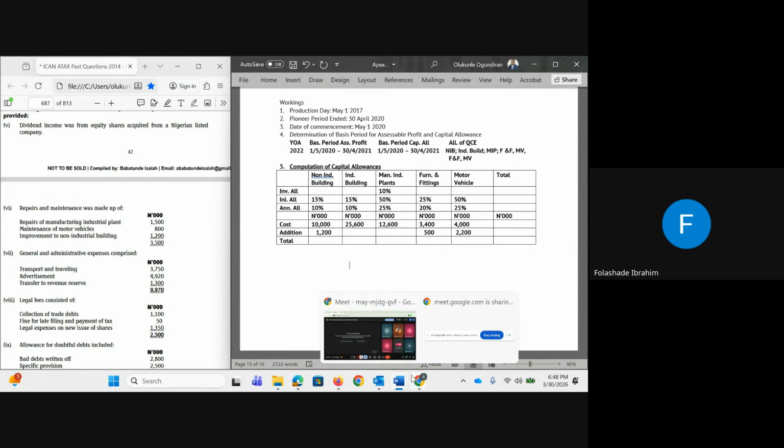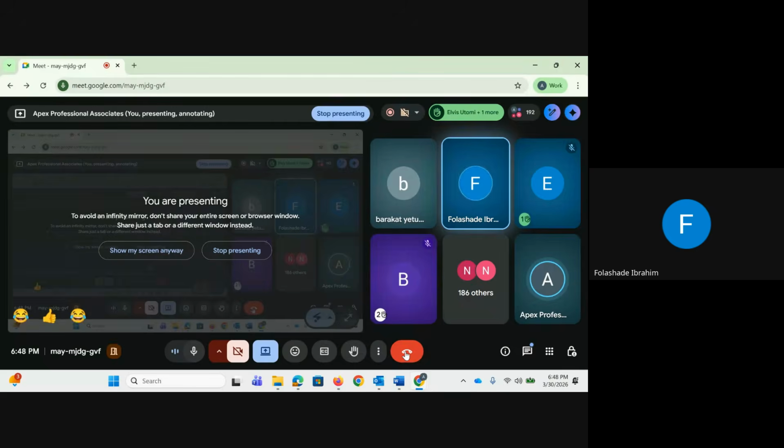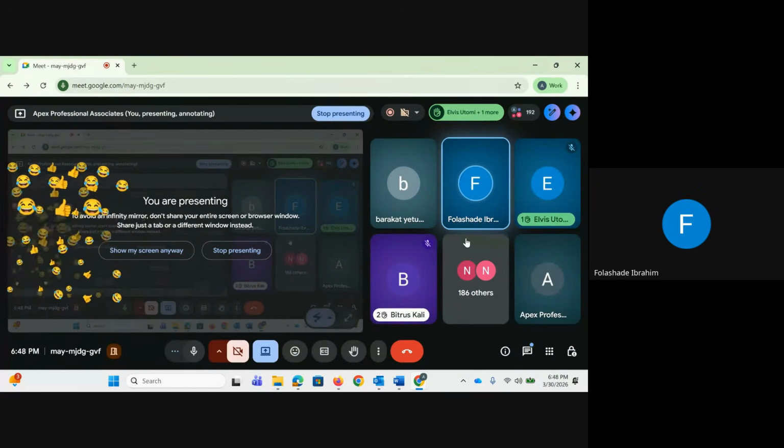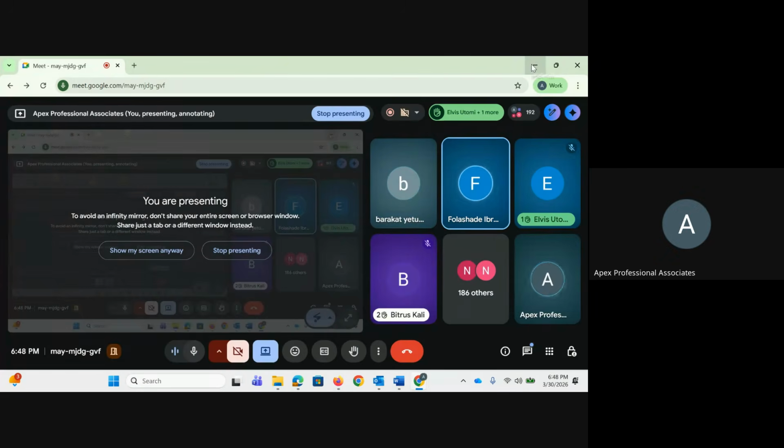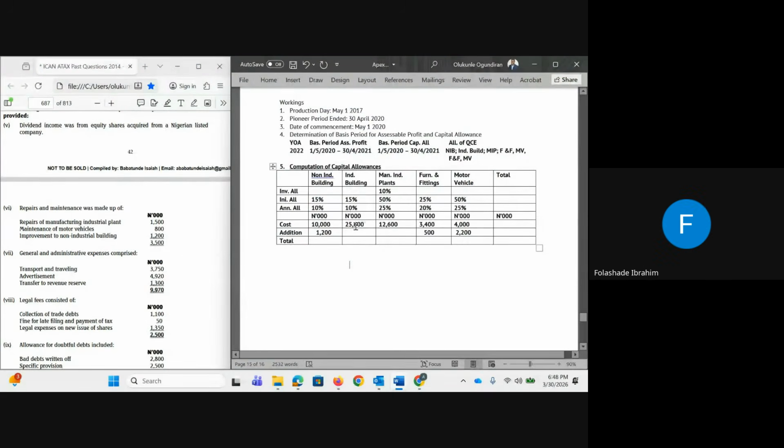Hello, sir. I wanted to confirm, in a situation where they didn't specify the equipment or the kind of assets, how do we deal with that additional information, or the one we said we disallowed in the question? Sometimes they just say an asset was improved.